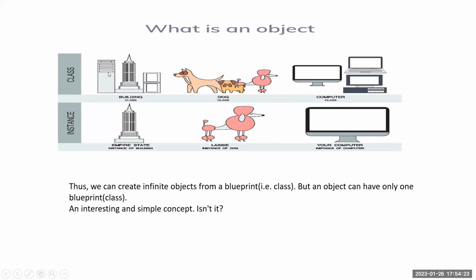There are multiple types of buildings, multiple types of dogs and multiple types of computers. But when you come to the instance, it is only one. Empire State is an instance of building, this is Lassie, an instance of a dog, and this is your computer, an instance of a computer. It follows everything you see in the class.